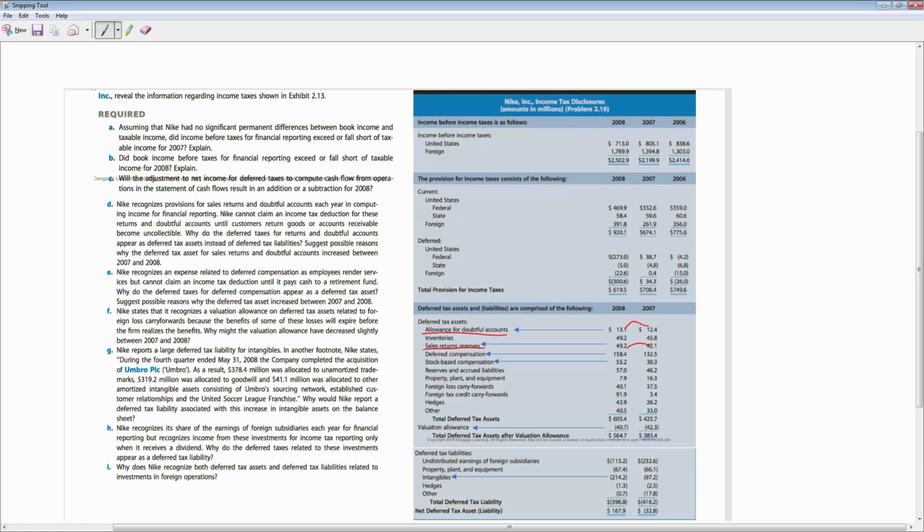Okay, so if the managers do not usually adjust their estimation of the percentage of uncollectibles, the only explanation for the increase in the deferred assets of these two factors is that the company has an increase in sales.